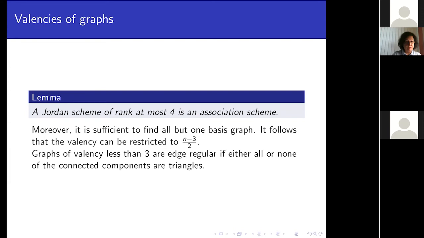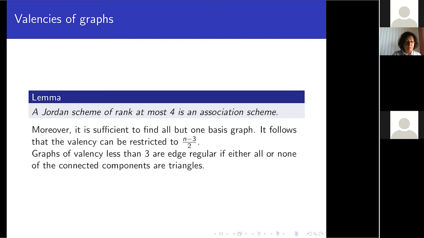Well, what restrictions do we have on the valency of graphs? We've seen if the rank is at most 4, then the scheme is actually an association scheme. And if we know all but one basis graph, then we know the whole scheme, because the remaining basis graph is everything that's not covered by what we have.